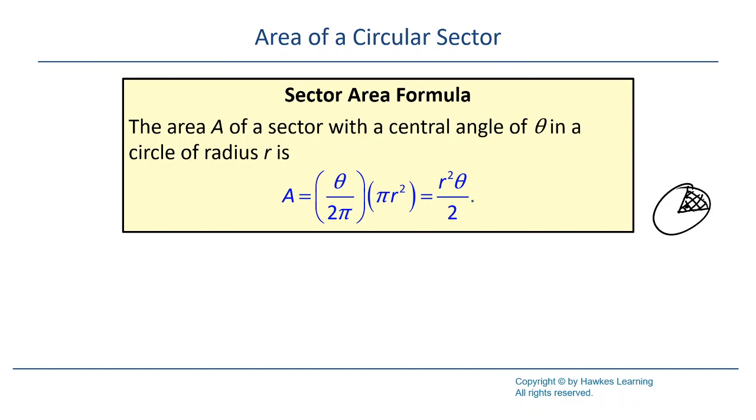Because the area of a circle is pi r squared. Then if I take a certain fraction of that, which is going to be theta over 2 pi, then the area of a given sector is just the radius squared times the angle and then divided by 2.